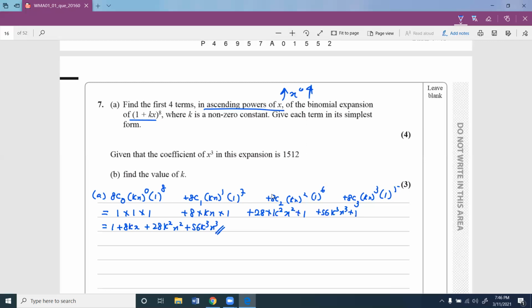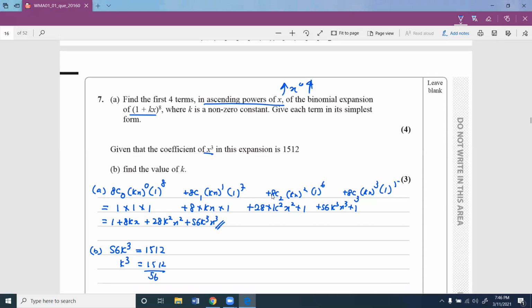Then part B, given that the coefficient of x cubed is 1512. What is the coefficient of x cubed? Here, 56k cubed. What do you mean by coefficient of x cubed? That is the number in front of x cubed. Find the value of k. So you can say k cubed equals 1512 divided by 56.